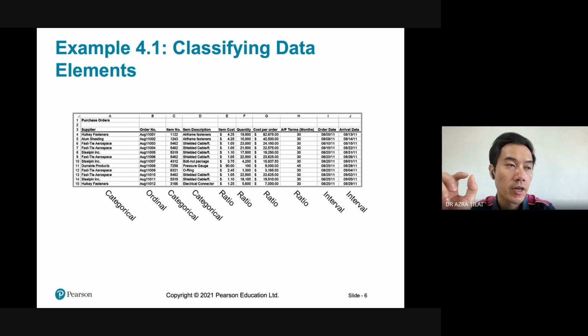So you need to have a coding that follows a certain order: the first order, the second order, the third order, and so forth. That will be labeled as ordinal, and we also have categorical. We have ratios, which are in decimal points, and we also have interval for dates.